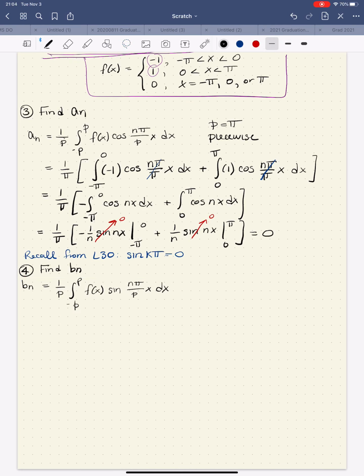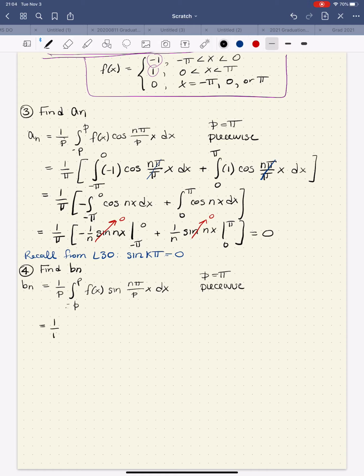Okay, so b sub n, again, p is equal to pi, and the function is piecewise. So all we need to do is break up the integral into two integrals.